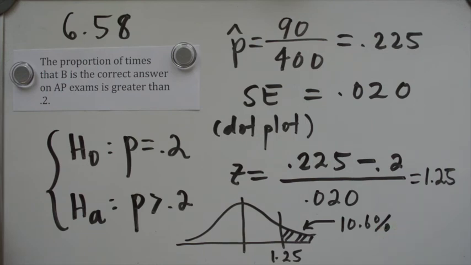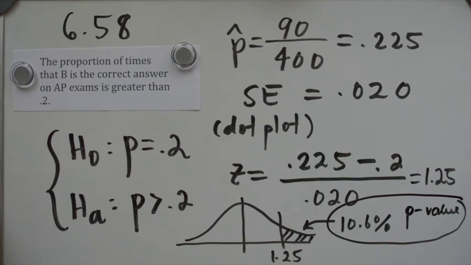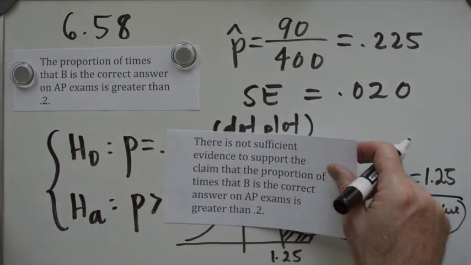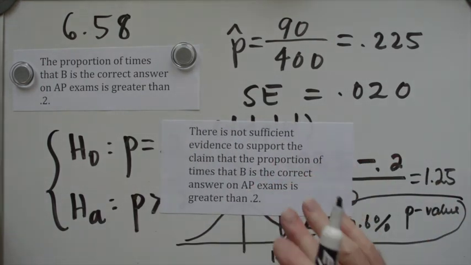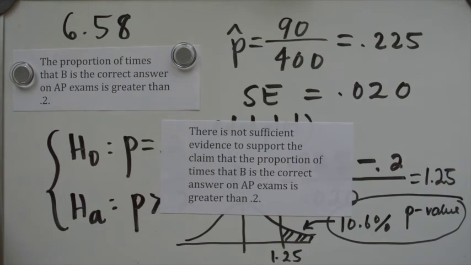So in this context, given this p-value, we would not reject the null hypothesis. We would not find this evidence enough to reject the null hypothesis. So in this case, we would simply say there is not sufficient evidence to support the claim that the proportion of times that B is the correct answer on AP exams is greater than 0.2.